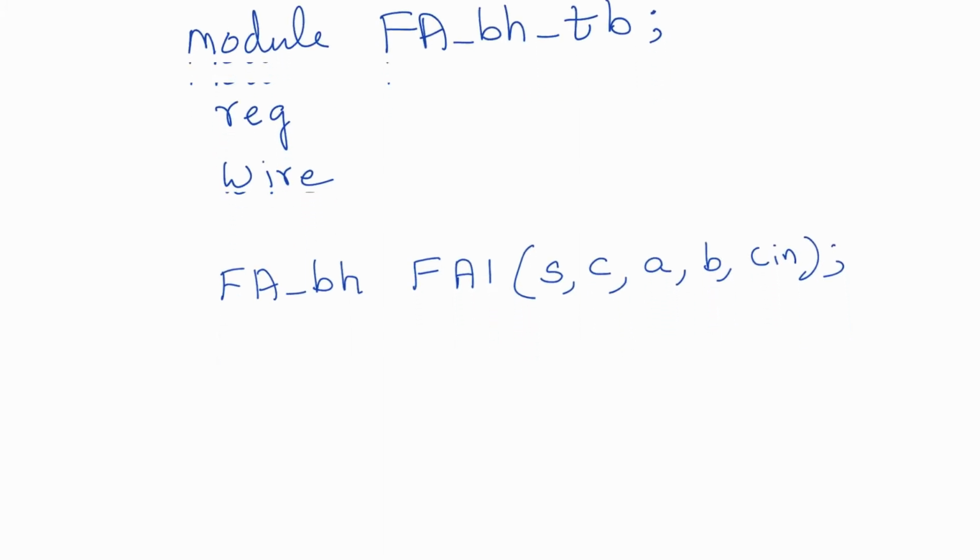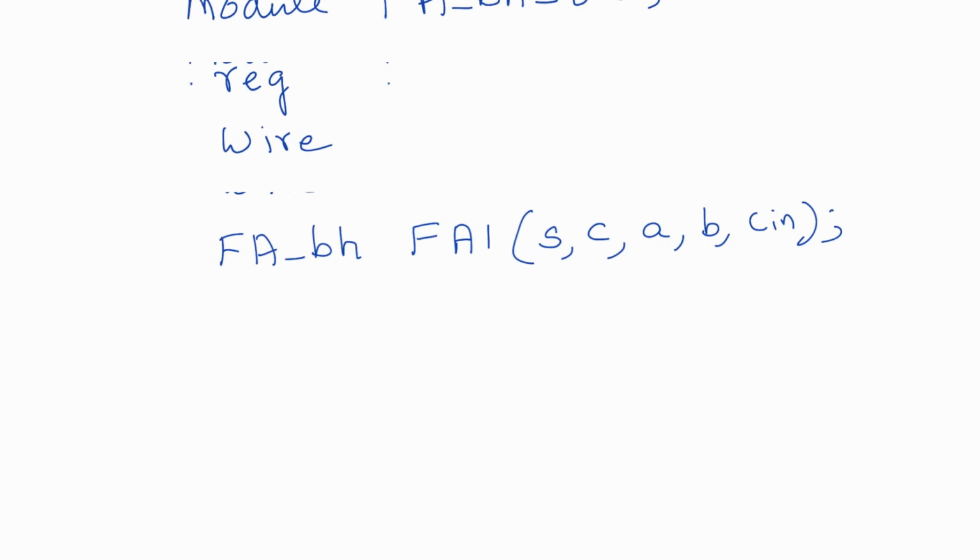Now we're going to introduce a new block called the initial block. The initial block is a behavioral block, but it's different from the always block. The initial block executes only once, and it cannot be synthesized.